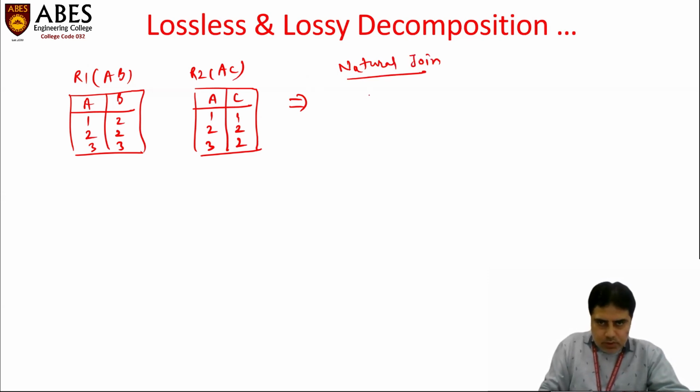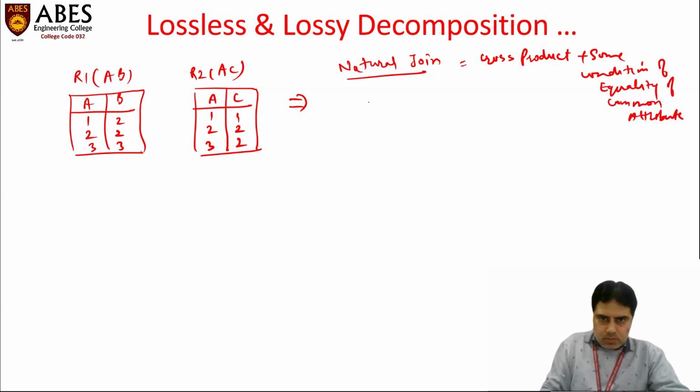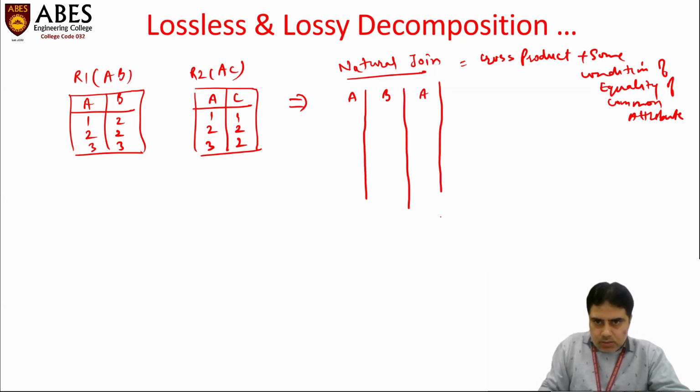So after joining, this is the cross product plus some condition of equality of common attribute. Now the attributes will be added: A, B, A, C, and the tuples will be multiplied.